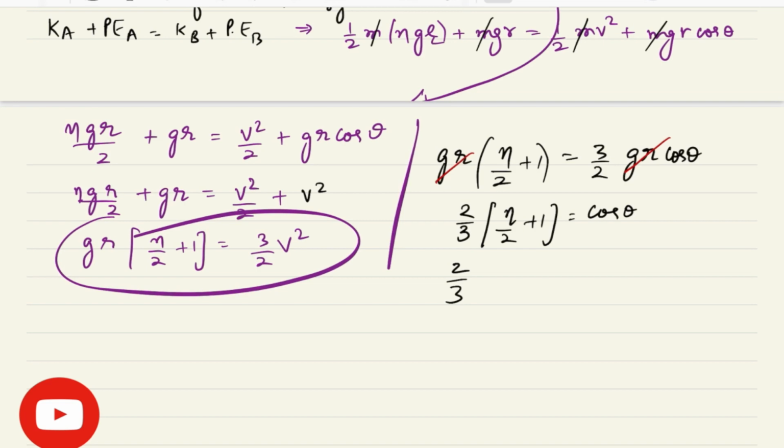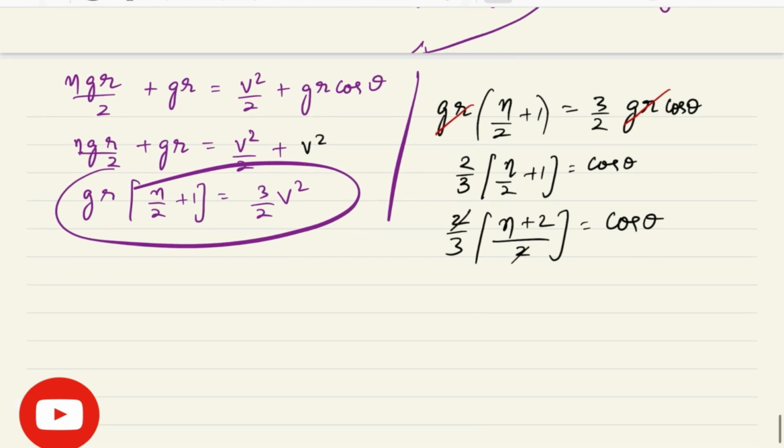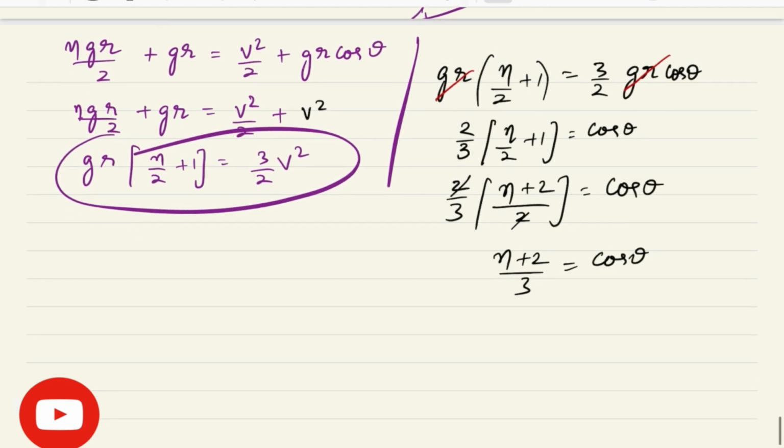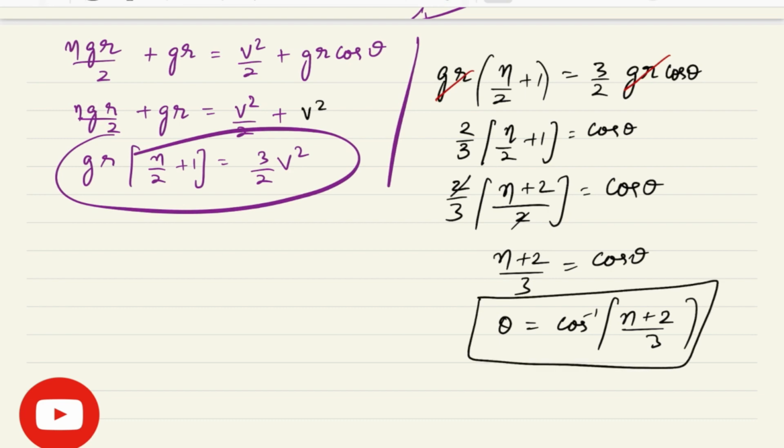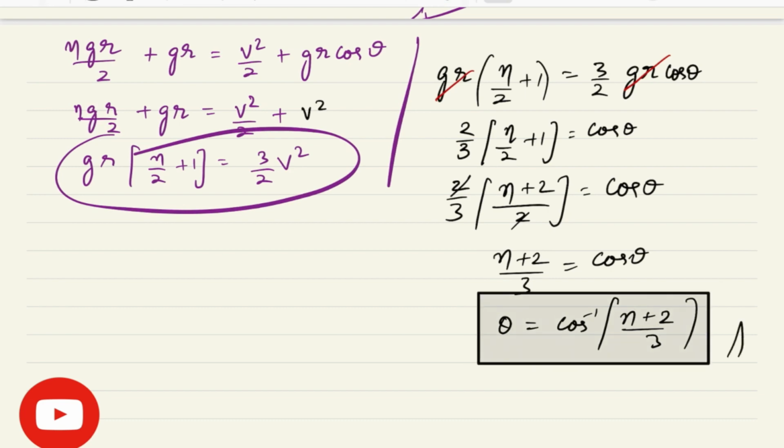This is 2 by 3 eta by 2 plus 2 by 3 equals cos theta. The 2s cancel each other, so eta by 3 plus 2 by 3 equals cos theta. And finally theta comes out to be cos inverse of eta plus 2 by 3. So this is the final answer of this example.